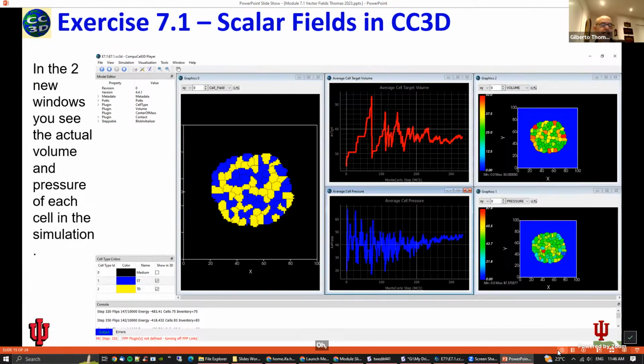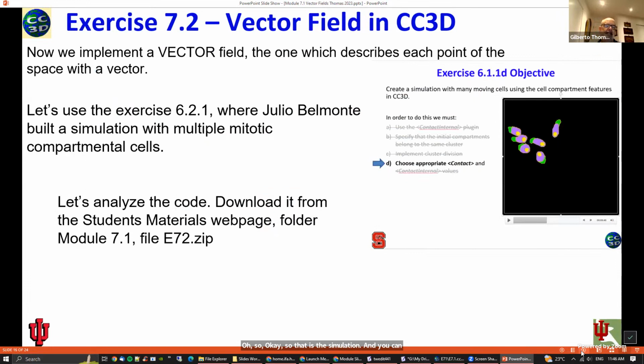Okay, so that is the simulation, how the simulation ends. You can track that thing here. So let's move on and see how we implement now a vector field. Remember, the vector field is the field which is described not only by a single number, but also with a direction in the space. I mean, each point in the space is described by a vector.